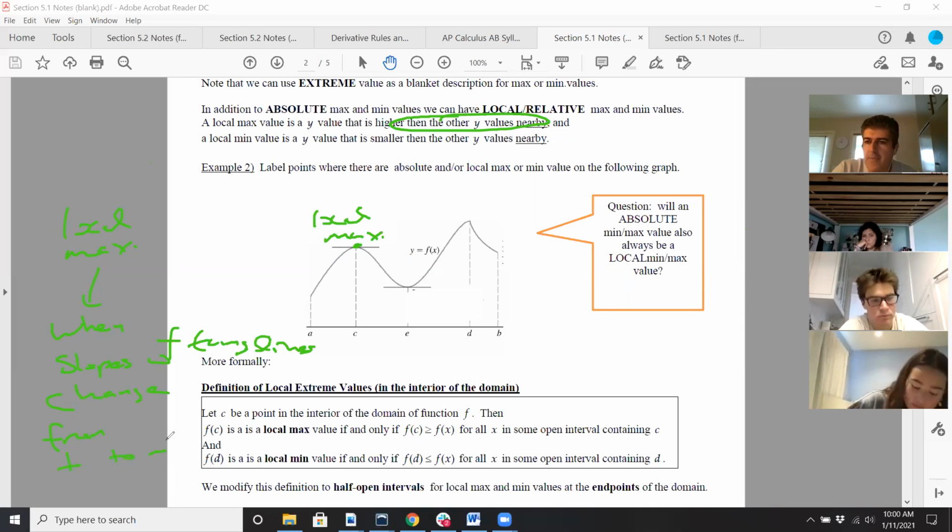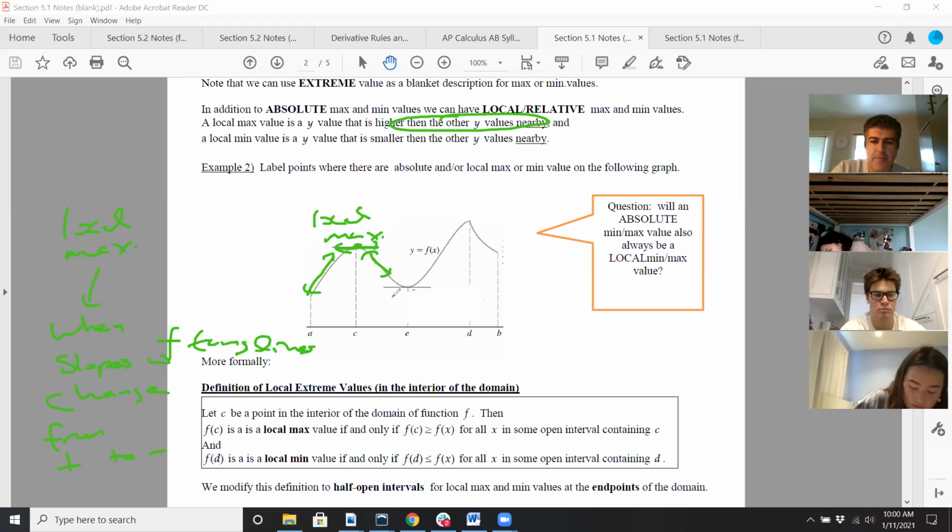That's what we're going to talk about often on Thursday. Notice if I drew a tangent line right now, positive. Draw it afterwards, negative. So there's a change at that horizontal tangent right there. We have positive tangent lines, then 0, and then negative. We call that a local max.